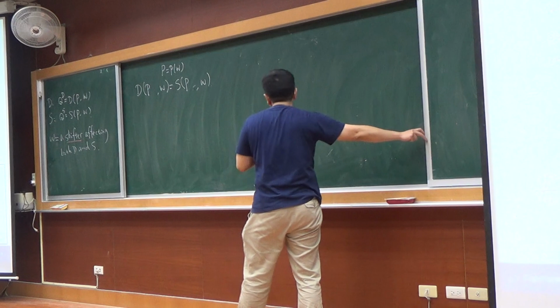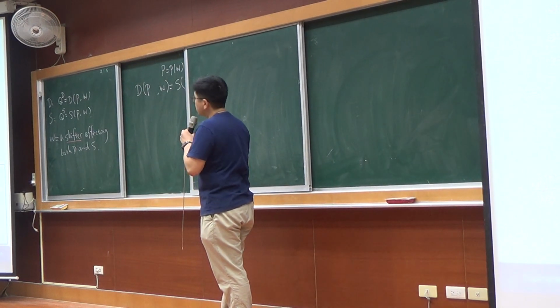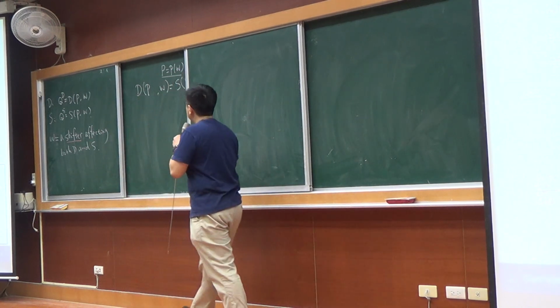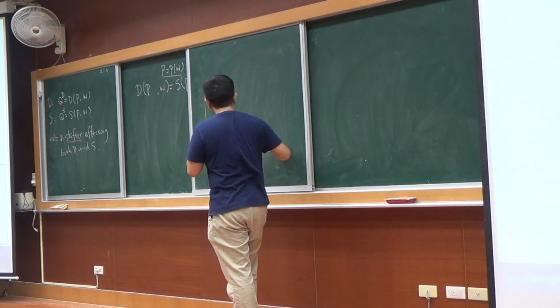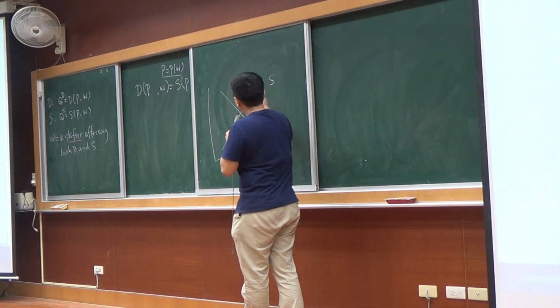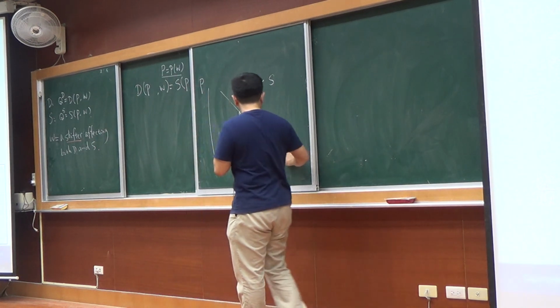Okay, think about the reasoning behind this. Why is this an implicit function in W? So the demand, supply, and the price, the quantity.